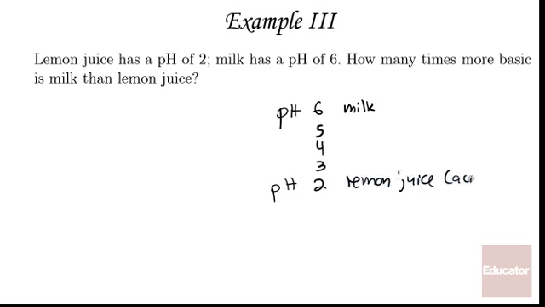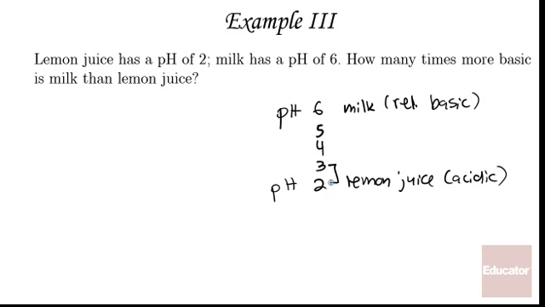So lemon juice is more acidic than milk, and milk is relatively basic. It's more basic than lemon juice. So this is asking how much more basic, or you could have phrased it the other way, how much more acidic is the lemon juice. Because this is a logarithmic scale, each unit represents a 10-fold change.